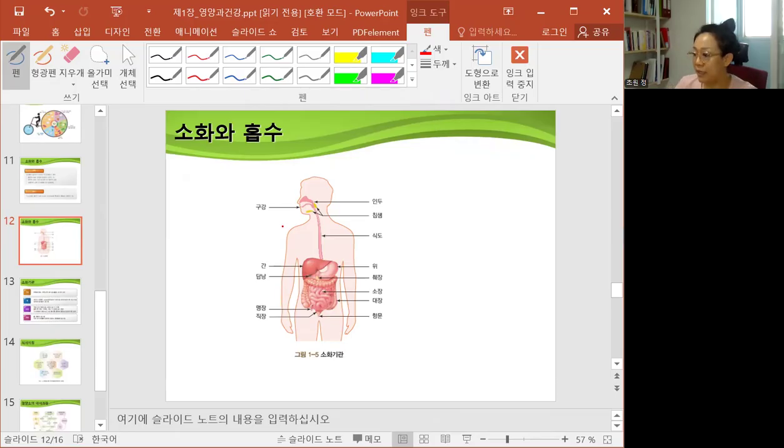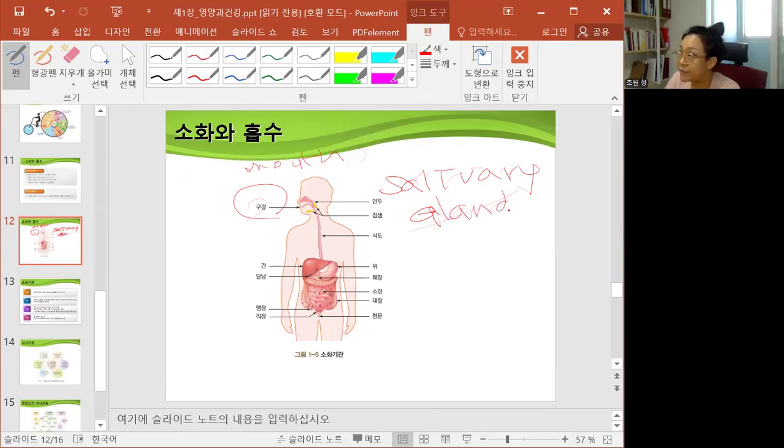First, let me explain the mouth and salivary glands.